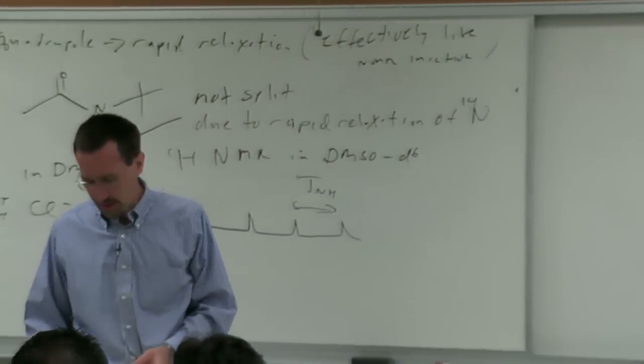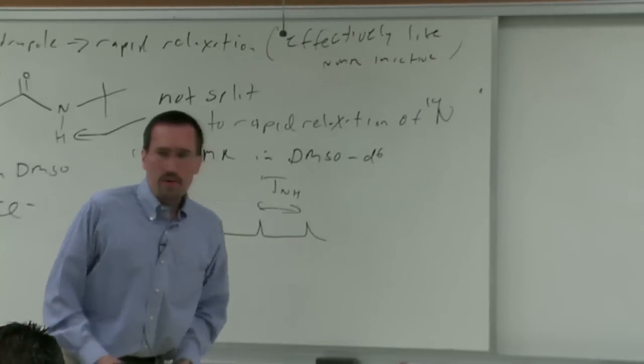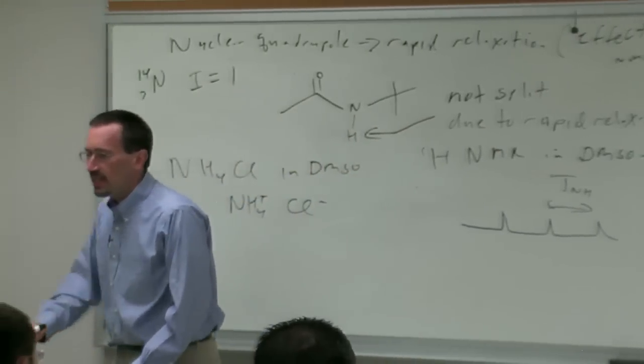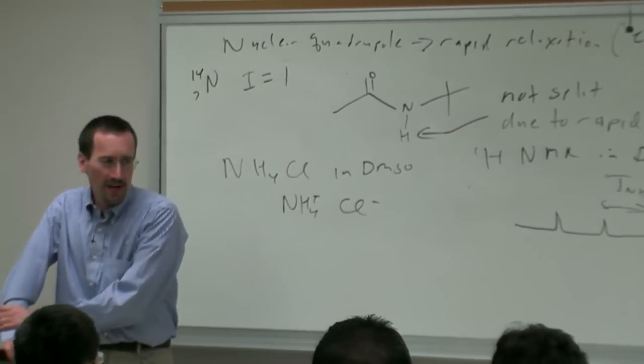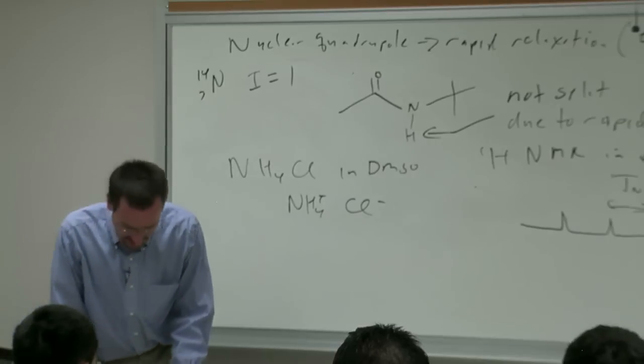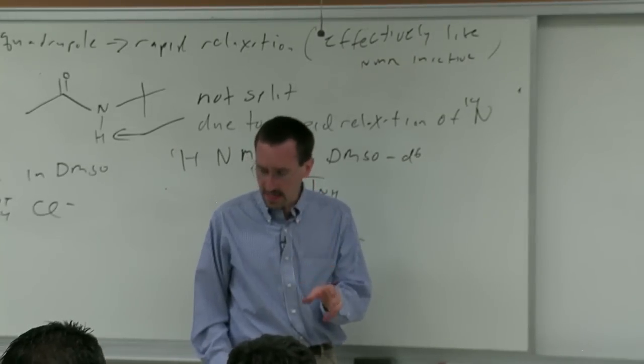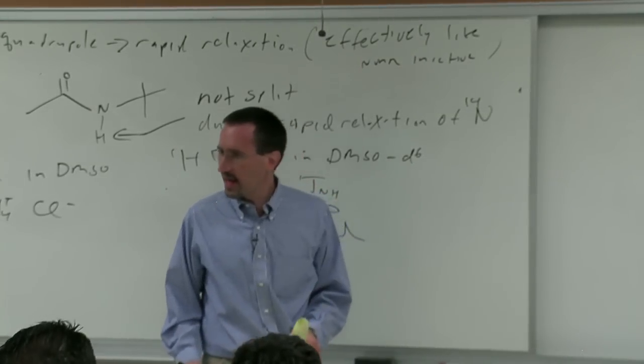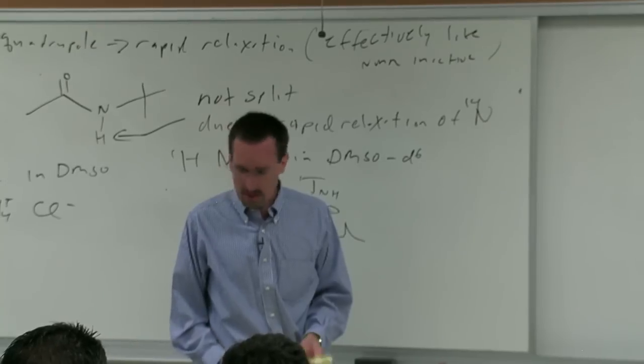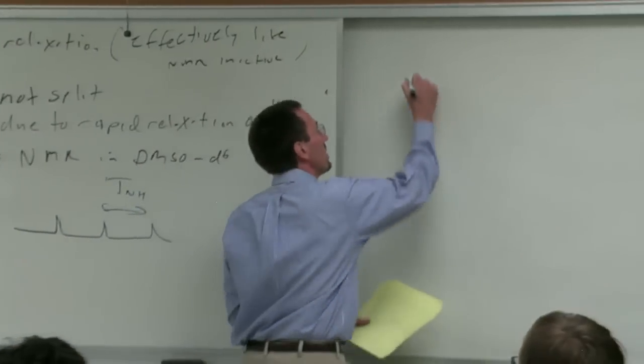All right, so when we last left our spinning nuclear dipole, he was spinning in the presence of an applied magnetic field. And I said there were two states, the alpha state and the beta state, and the alpha state was lower in energy than the beta state.